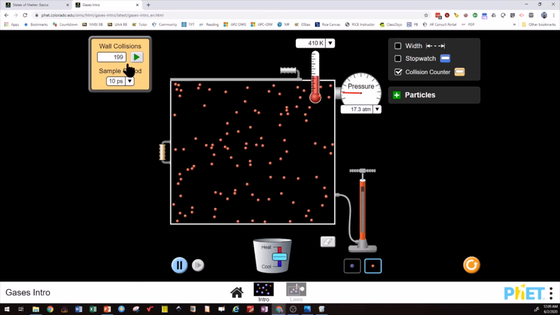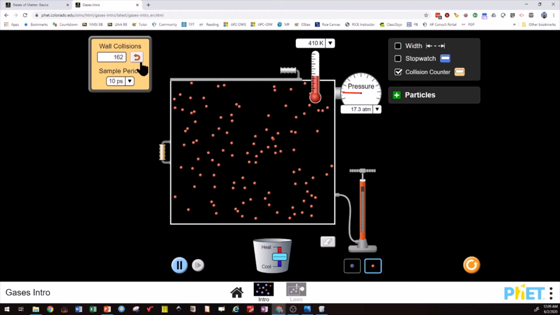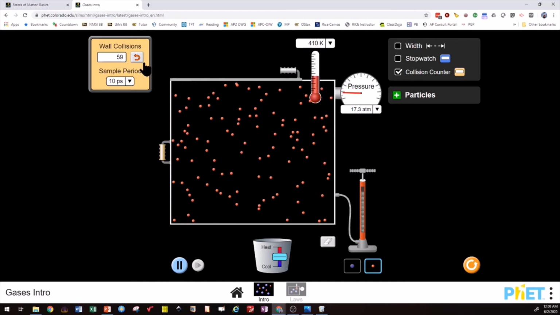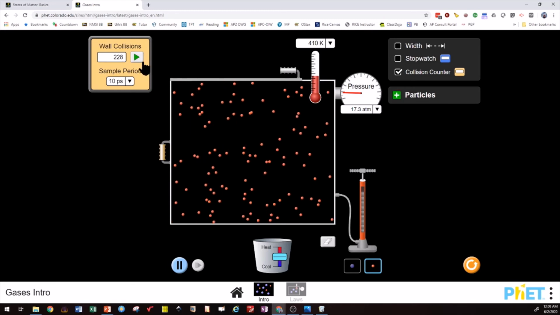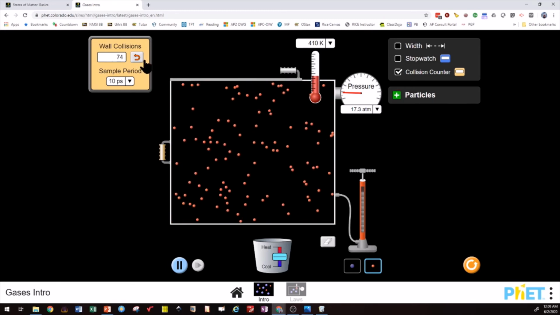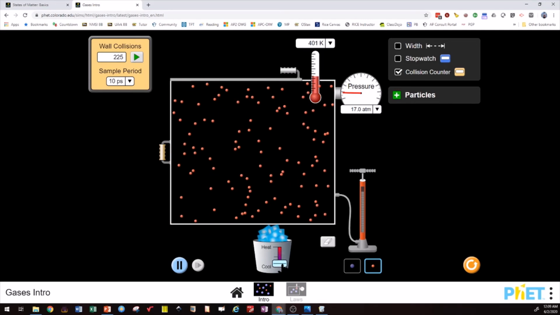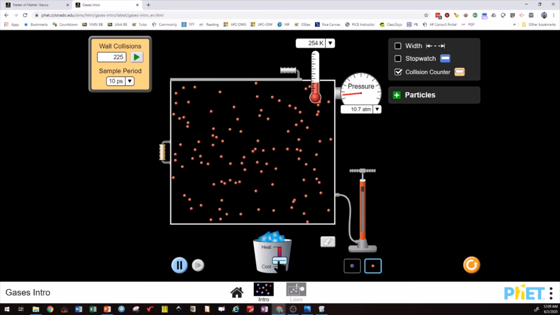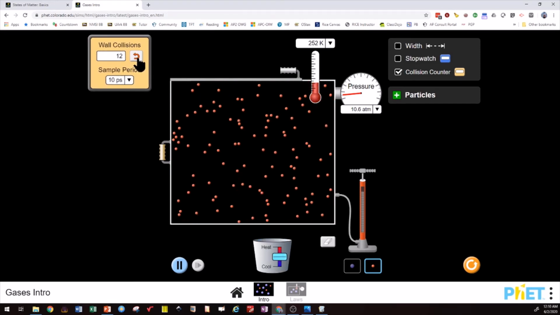Now I'll collect the number of wall collisions. Notice there are many more wall collisions, around 230 instead of 190 or so. If I cool it back down, the number of wall collisions decreases.